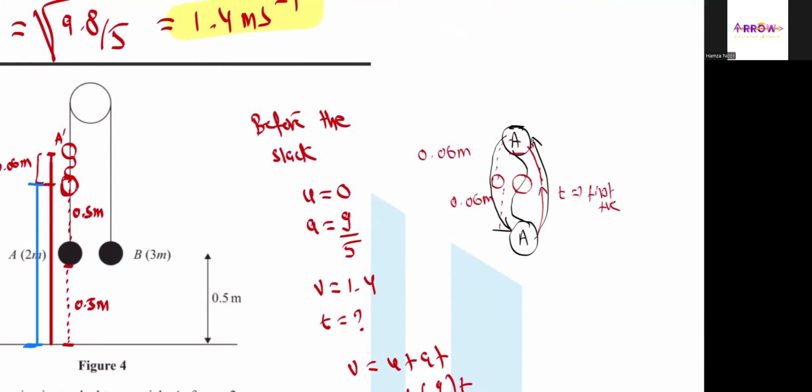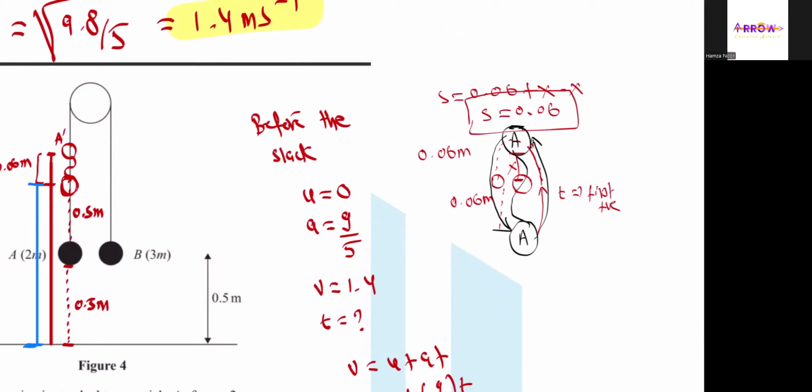Assume that this distance is x. So the displacement would be 0.06 plus x minus x, which again gives you the same value of the displacement. As you know, these SUVAT equations are all vector quantities except for time.